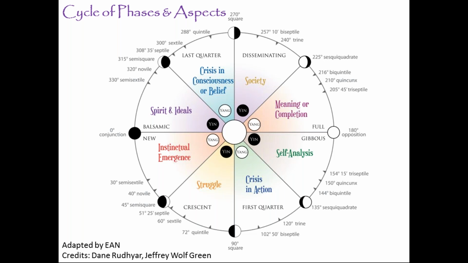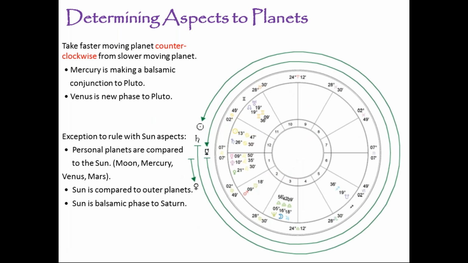When it comes to points in space, you start with the planet and then move the point. I'll tell you more on this in just a moment. So we always start with the slower moving planet and we move the faster moving planet counterclockwise.